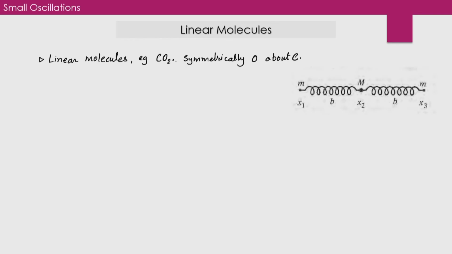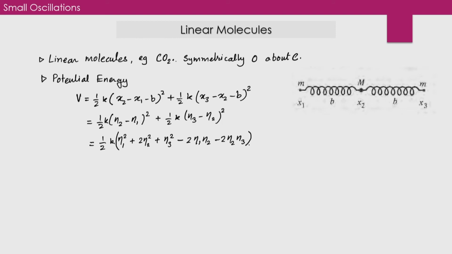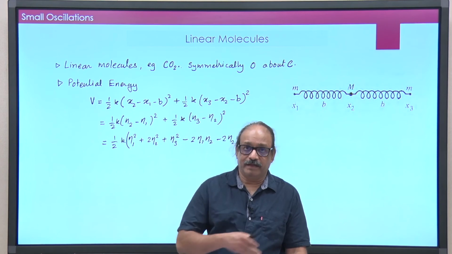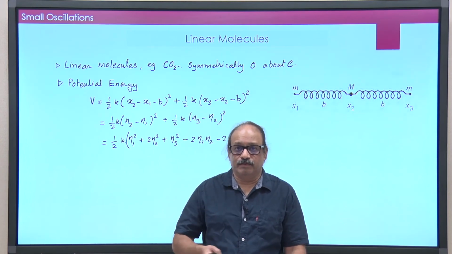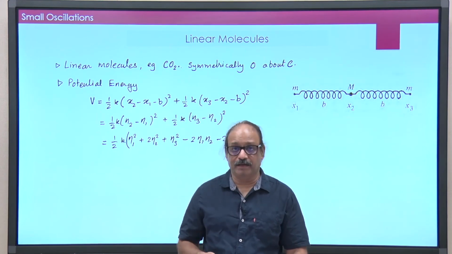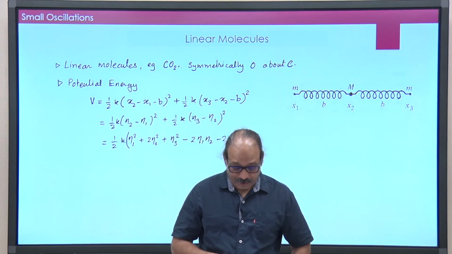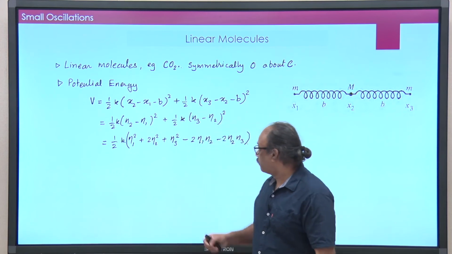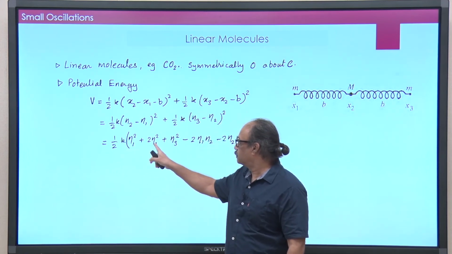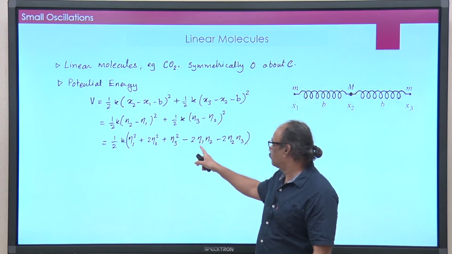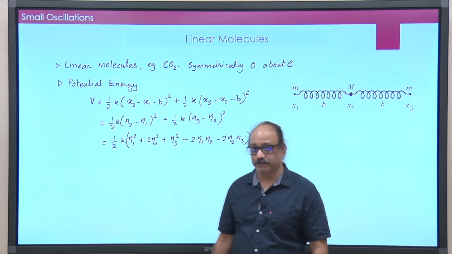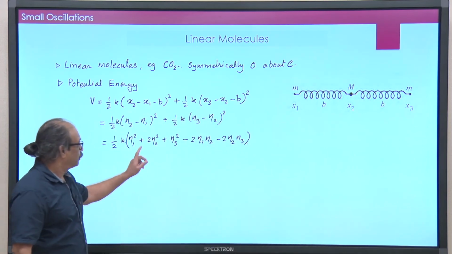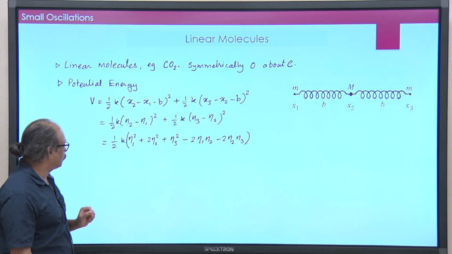Now, write down the potential energy here. We have already in fact made the approximation of the Lennard-Jones potential and already come to a spring kind of potential. So, the potential now will become half k times (eta 1 square plus 2 eta 2 square plus eta 3 square), and then there is a minus 2 eta 1 eta 2 and minus 2 eta 2 eta 3. Okay. Put this in matrix form. How would this look in matrix form?